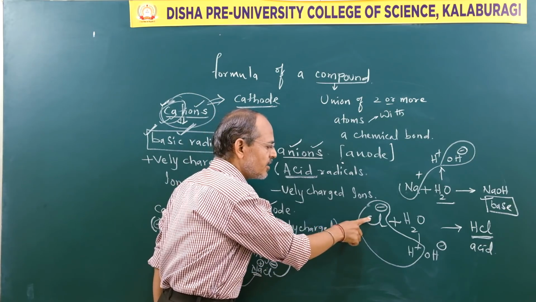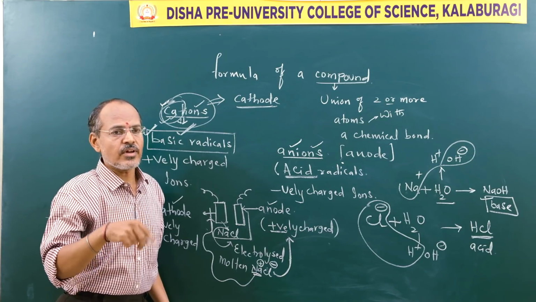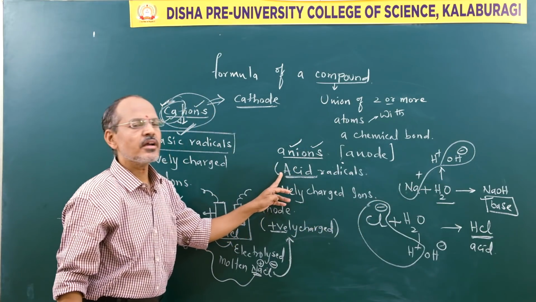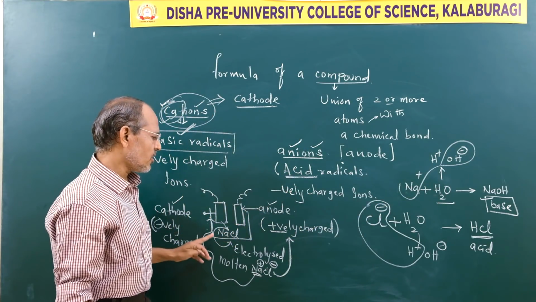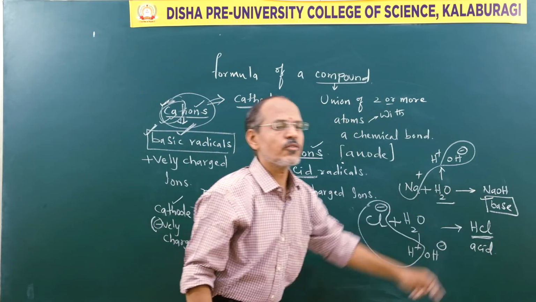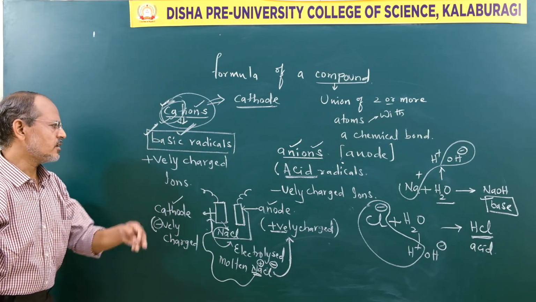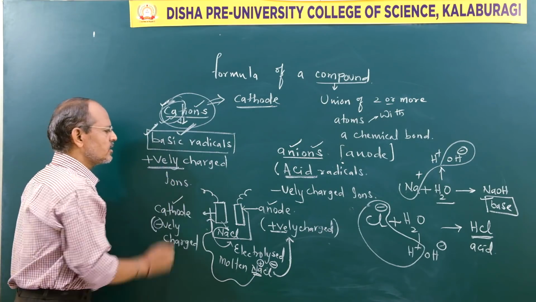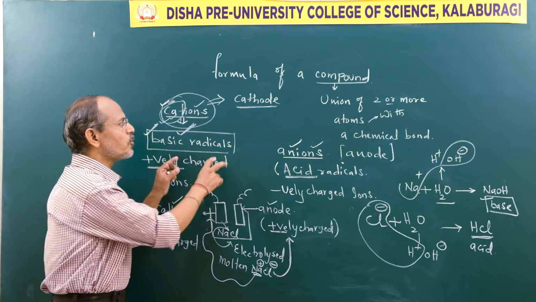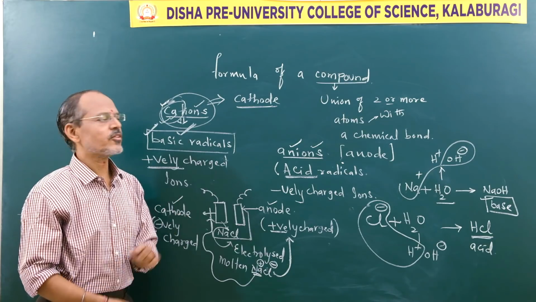These ions when dissolved in the water produce acid, hence the name acid radicals. These ions when dissolved in the water produce base, therefore they are called basic radicals. And the third one, as you already know, is positively charged and negatively charged. So this is about why they are called by different names.